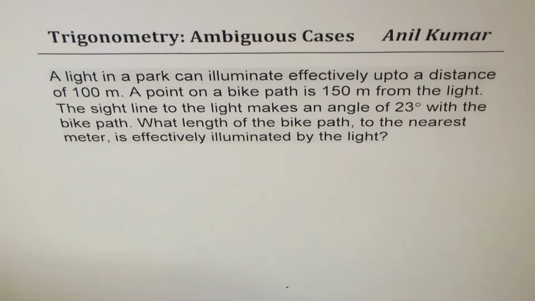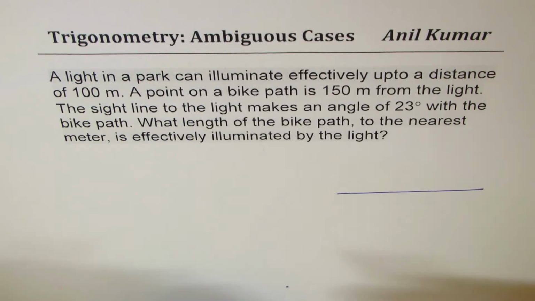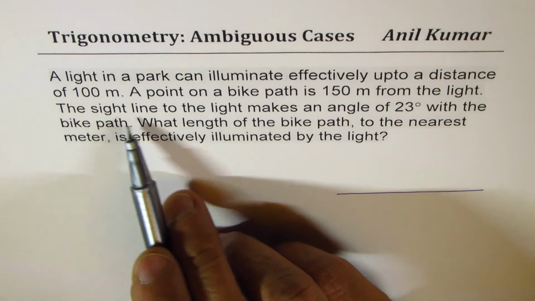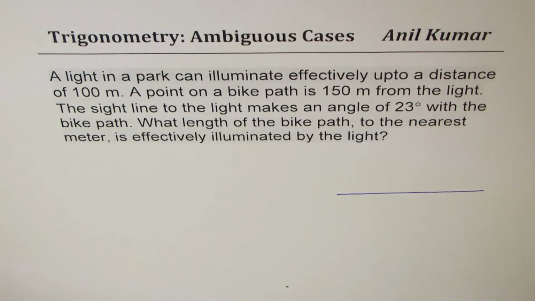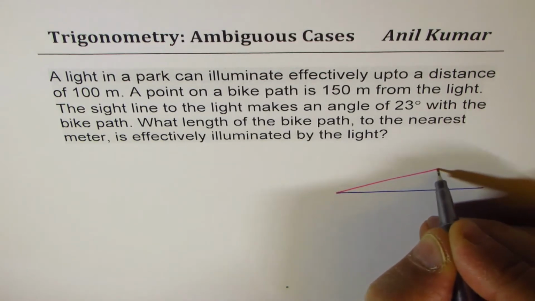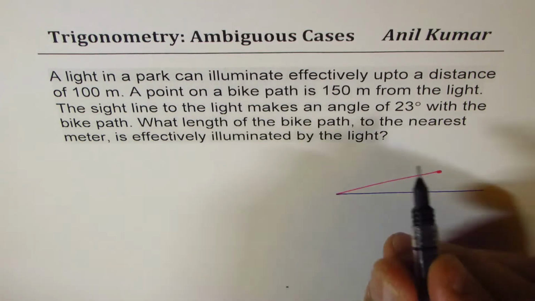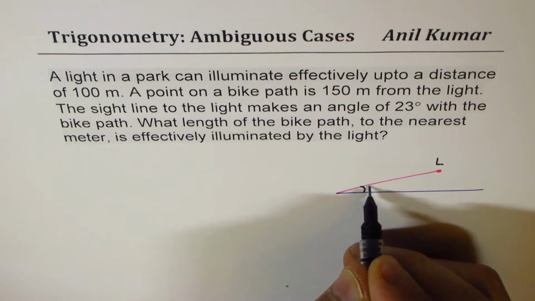Correct? So let's consider this to be the bike path, for example. And we are saying that the sight line to the light makes an angle of 32 degrees. So let's consider it like this. Let's say somewhere here we have the light. Correct? So we have the light here. And this is 32 degrees.